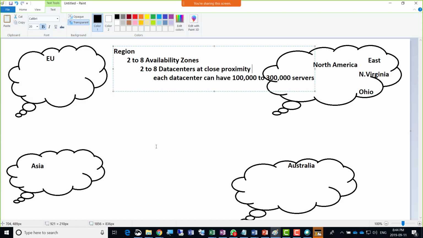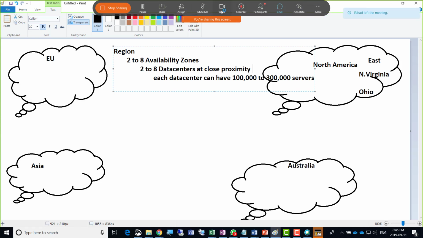So those would be data centers in close proximity to each other, and each data center would have 100,000 servers, which is already huge, up to 300 or 400,000 servers. That's really big, right? So it is really important to understand how it would really work.